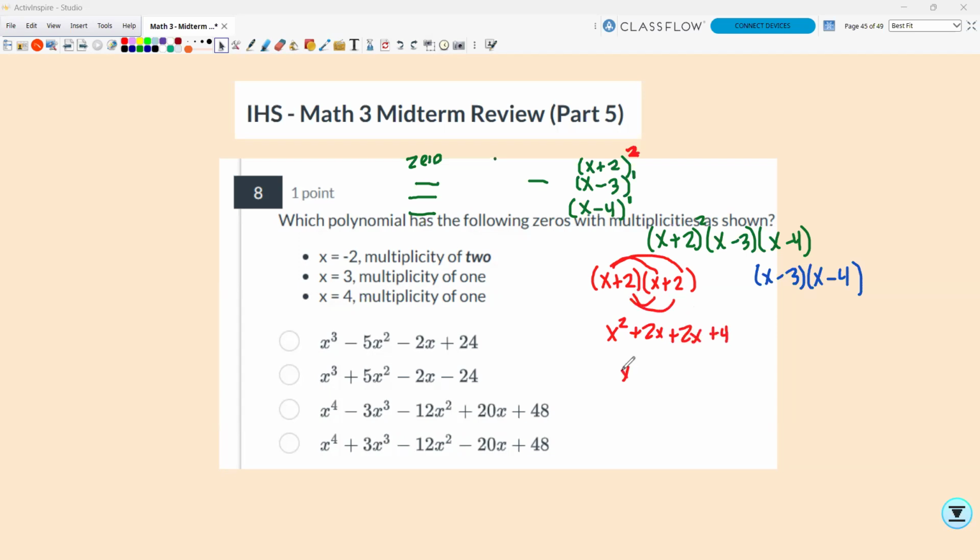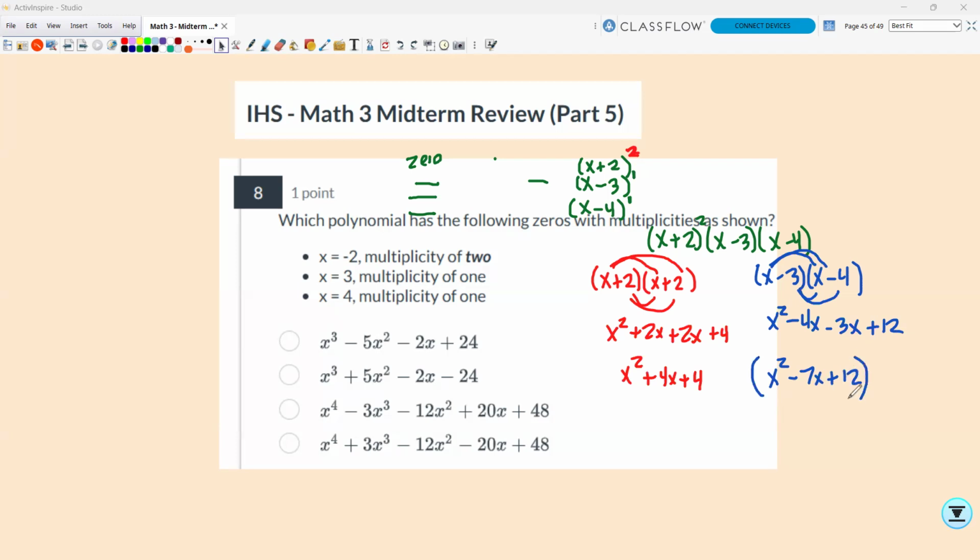So that's going to give you x squared plus 4x plus 4. There's shortcuts too on that one if you need to. The other one, I'm going to do x squared minus 4x minus 3x. -3 times -4 is 12, so plus 12, which is going to give you x squared minus 7x plus 12.